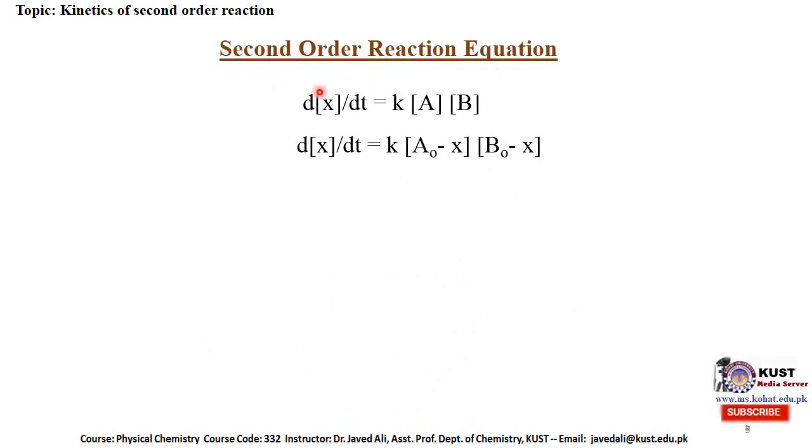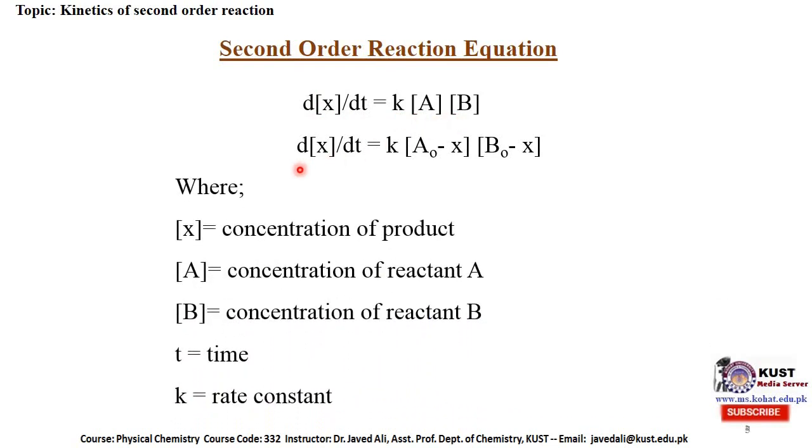So, the second order reactions when the initial concentration of reactants are different can be represented by dx divided by dt is equal to K, concentration of reactant A and concentration of reactant B, where x is concentration of product, A is concentration of reactant A, B is concentration of reactant B, t represents time and K represents rate constant.